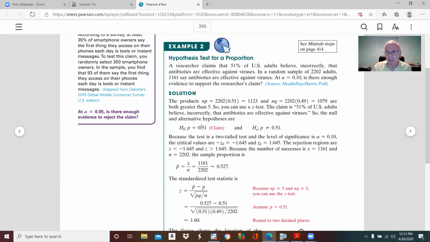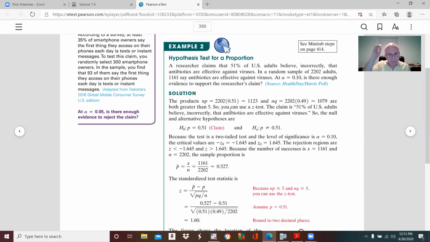If we don't have enough evidence, we never say that because there's not enough evidence to reject it, we're supporting it. No, we're just saying there's not enough evidence to reject it. So the wording here is not so great. I wish they would have said: is there enough evidence to reject the researcher's claim? That would be the better question.